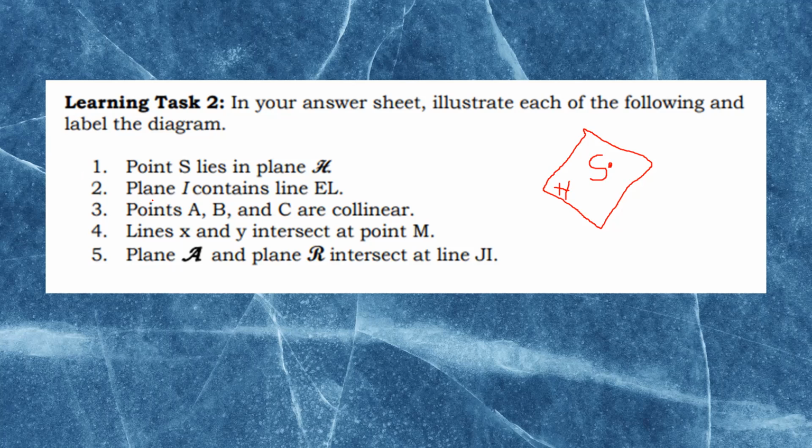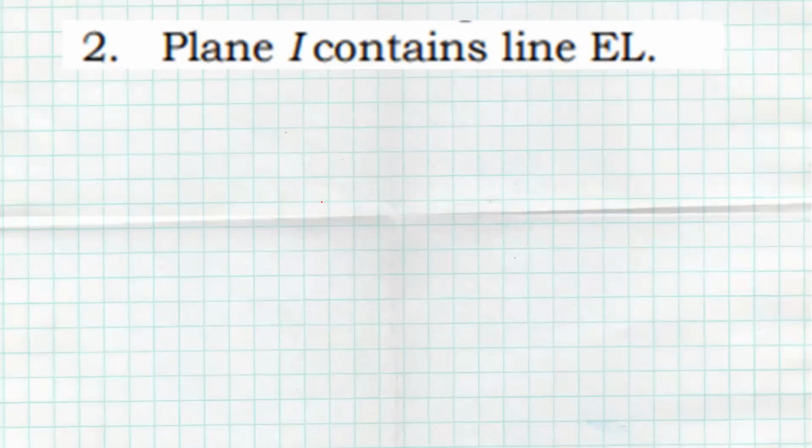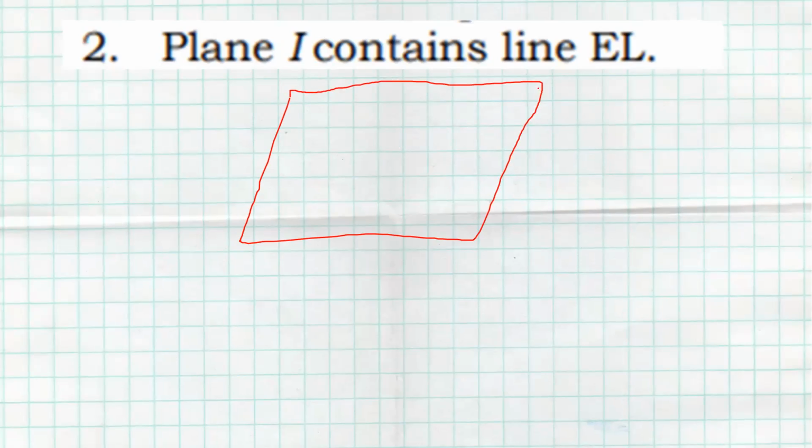Number 2, plane I contains line EL. So you have to draw another plane and name this plane I. Then it contains line EL. So you have to draw a line here. Then name this line.